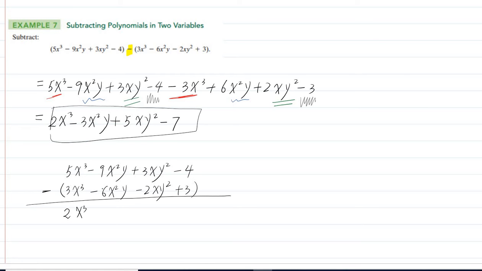Then you have negative 9 minus negative 6, you're going to have negative 3x squared y. Then 3 minus negative 2, that's just plus 5xy squared. And then negative 4 minus 3, that will be just minus 7. Again, you get the same answer. Whatever you feel comfortable with, I'm okay with it.